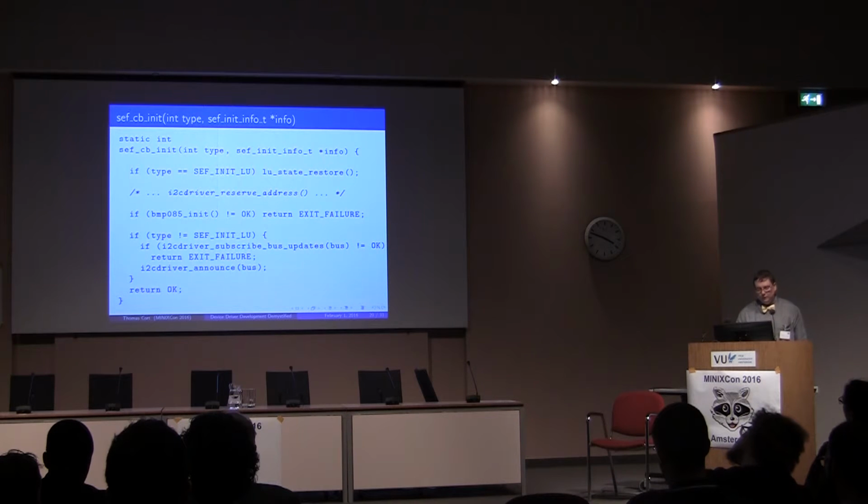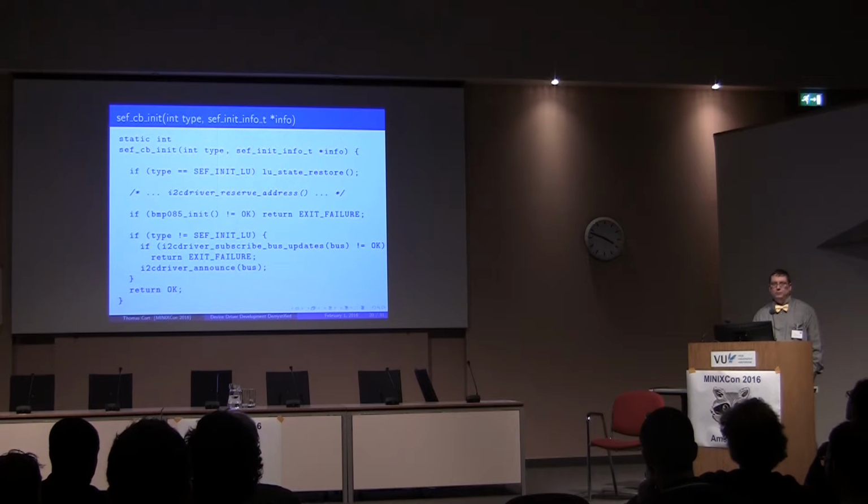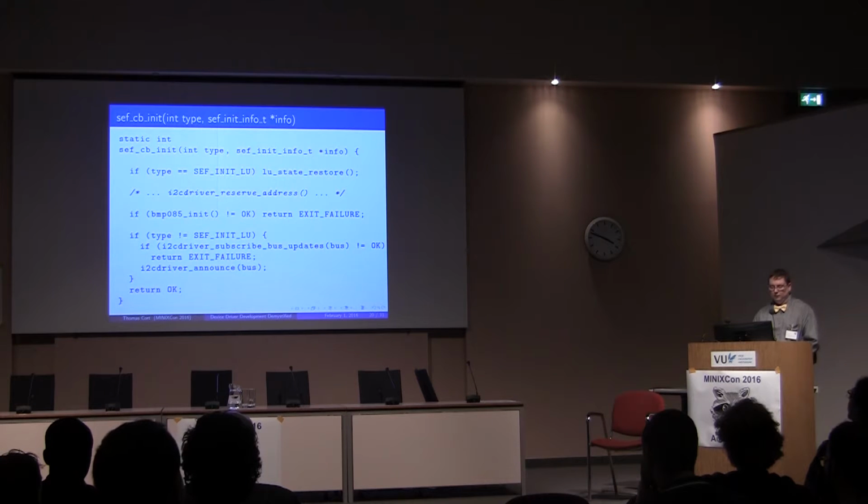So in that function for this driver, if it's a live update, it'll restore the previous state. Otherwise, it'll reserve the address on the bus with the bus driver, it'll do some initialization, and then it'll announce to the world that it's up and running and ready for service.